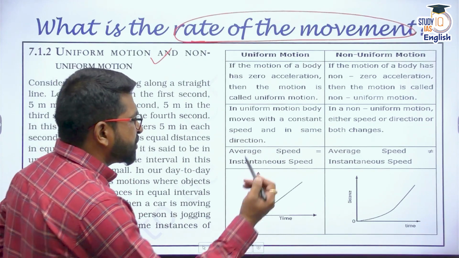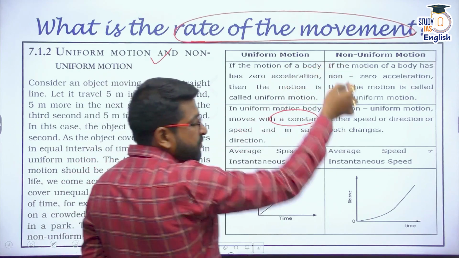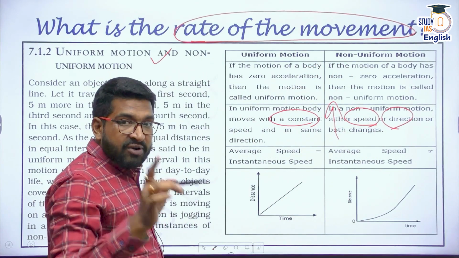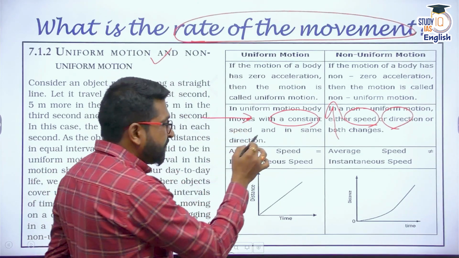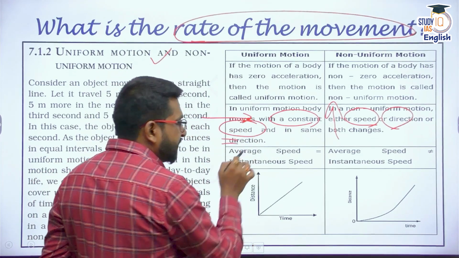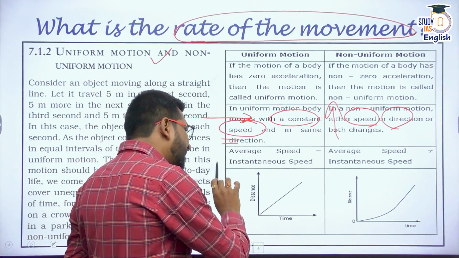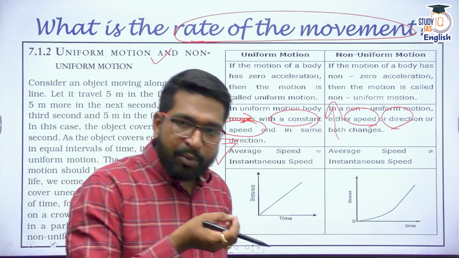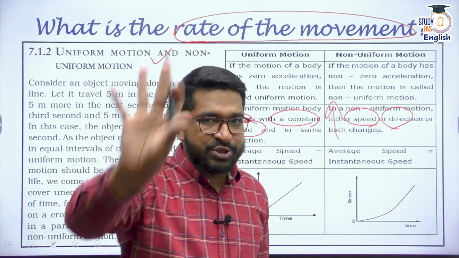A non-uniform motion is one where the speed or the direction changes continuously. But for a uniform motion, the direction remains the same, the speed also remains the same. So for a uniform motion, at any point of time, the average speed would be the instantaneous speed, because at any point of time on a straight line, the speed or velocity would be same because the direction is also same.